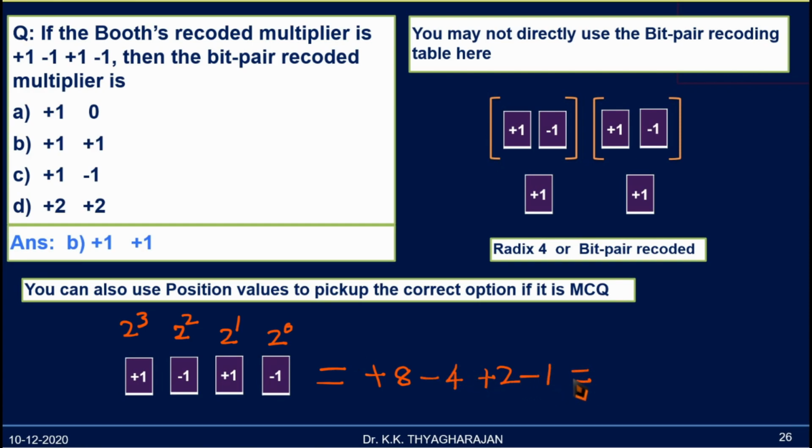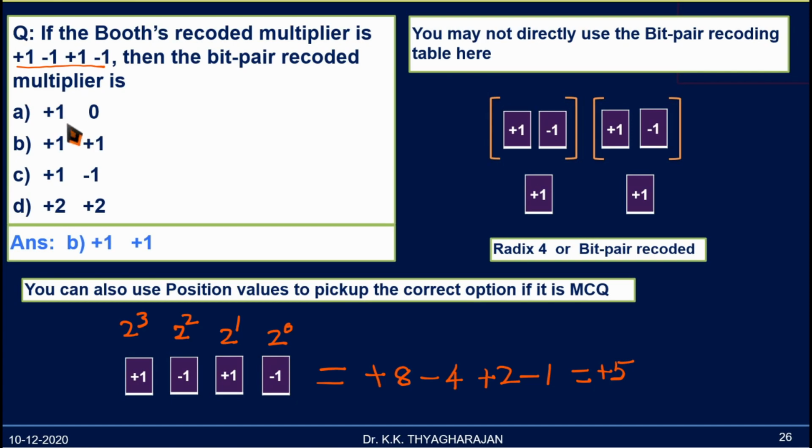So this will be equal to 8 minus 4 is 4, plus 2 is 6, minus 1, it is plus 5. So the given recoded multiplier is plus 5. This indicates plus 5.